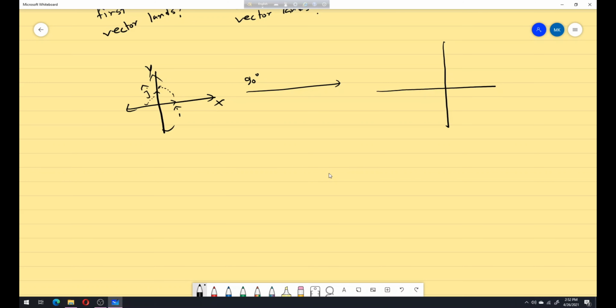So this becomes your new I cap, this becomes your new j cap. And so this is your 90-degree counterclockwise rotation, right?